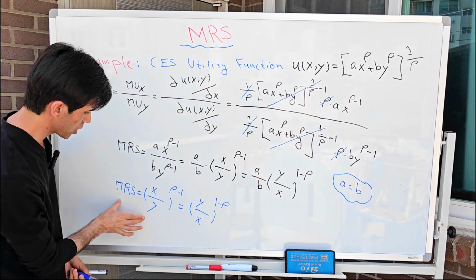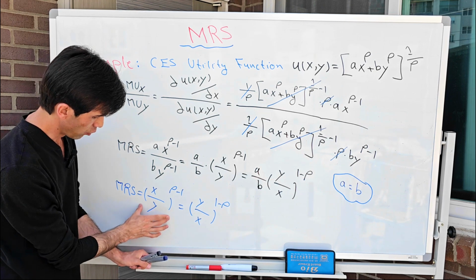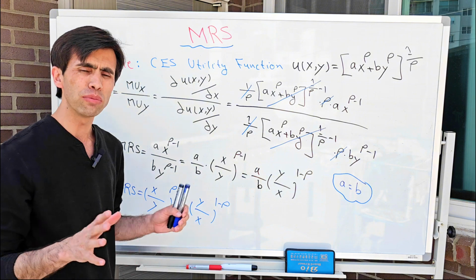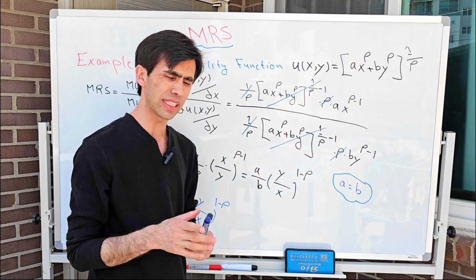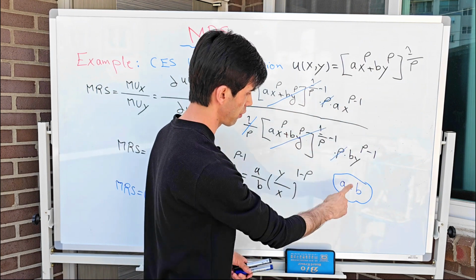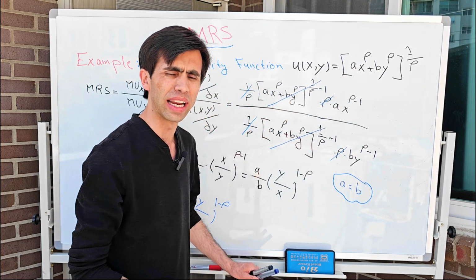So we have the marginal rate of substitution for a CES utility function with this term if a is equal to b. And mostly, in order to make it easier, we assume that in this CES utility function a is equal to b and sometimes equal to 1.